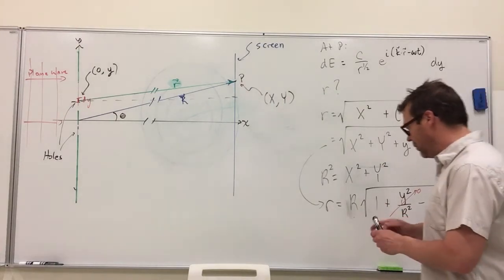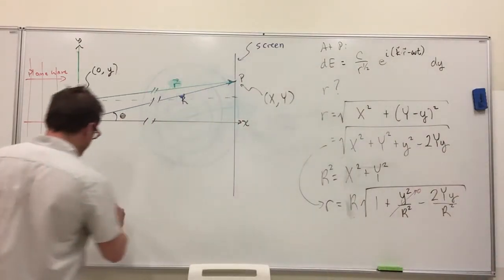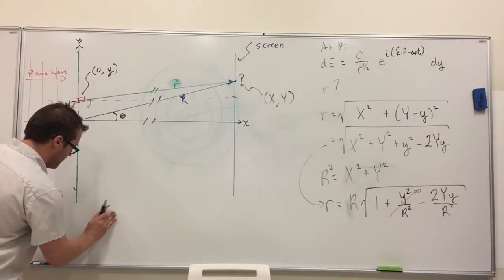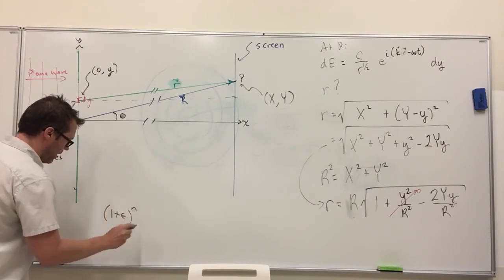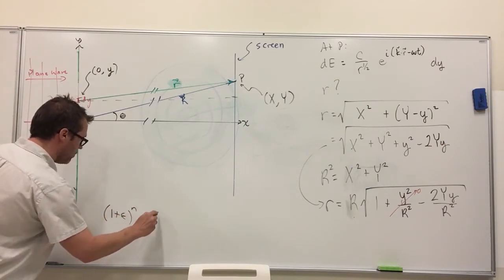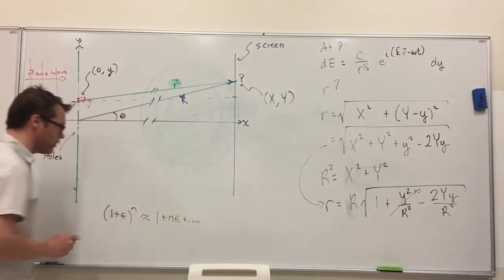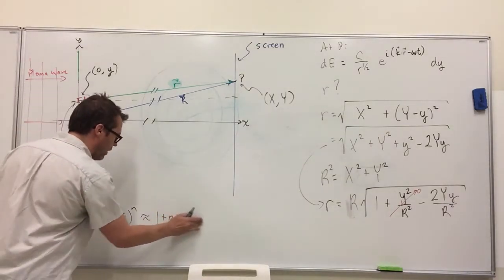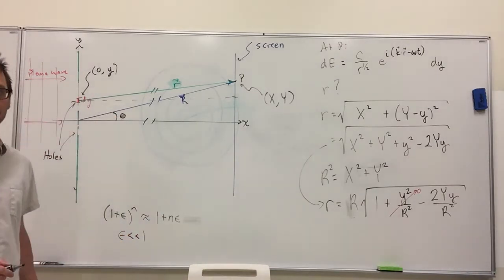But I can do a little binomial expansion, which says that 1 plus epsilon to the n is approximately 1 plus n epsilon plus some smaller terms, as long as epsilon is much less than 1.